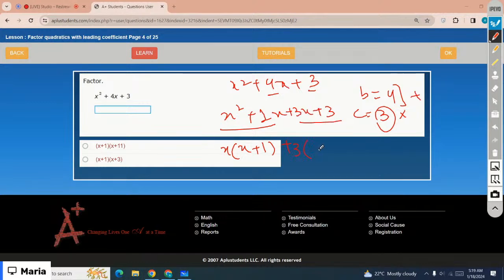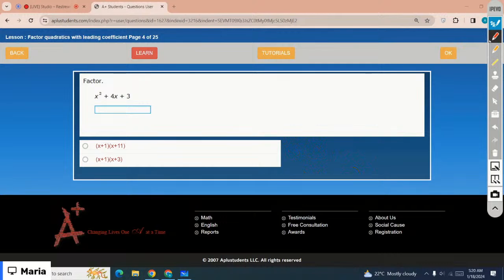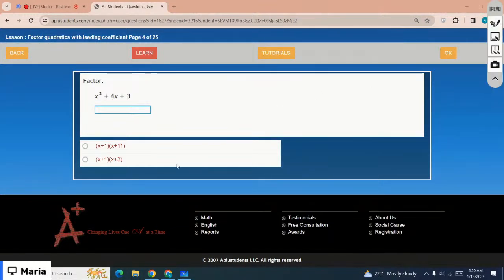From here we can take common 3 and we are left with x plus 1. So x plus 1 is the common factor and the other factor is x plus 3. So the factors are x plus 1 and x plus 3. Got it? That is x plus 1 and x plus 3. Second one is the correct option.